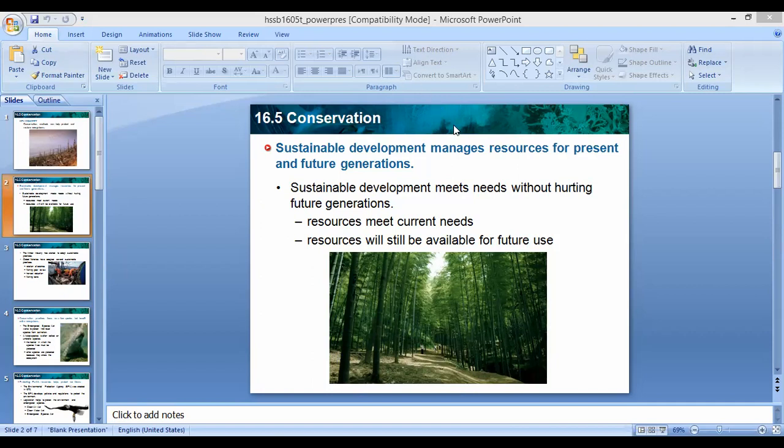We need to cut trees. We cannot say stop cutting trees forever. We can't, we need this. But on the other hand, cutting of trees should be managed. How? I will tell you how.